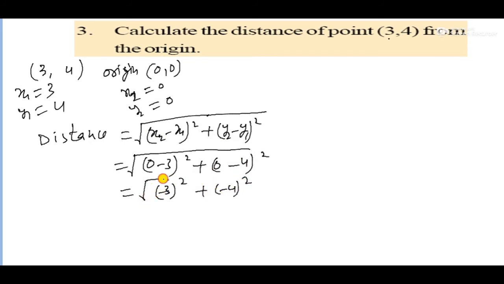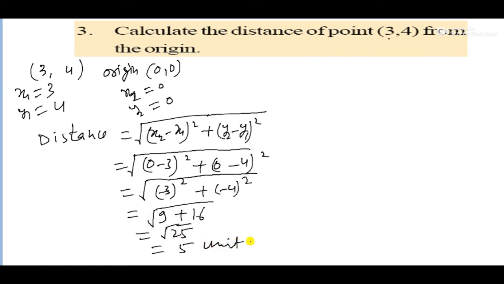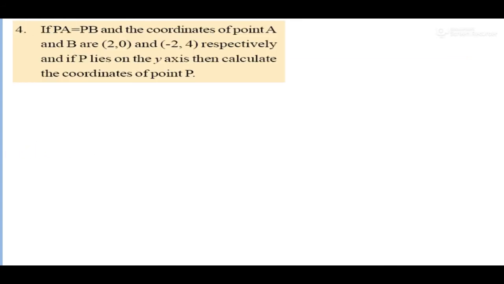Calculate third question. Calculate the distance of point 3, 4 from origin. So formula is given as, first of all 3 and 4. So that is the x1 is given, that is 3, and y1 is given as 4. So coordinate of origin, as you know, origin is given as 0, 0.